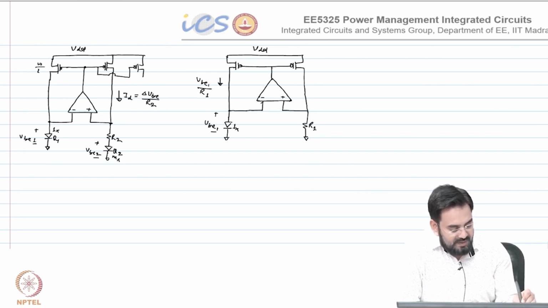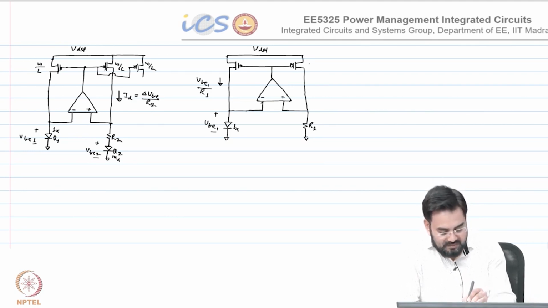So if this is W by L, W by L, W by L, so everything should be matched here.